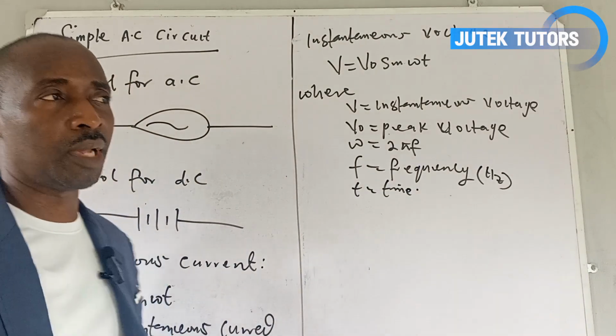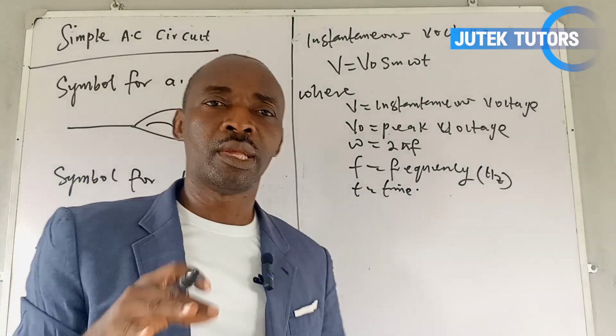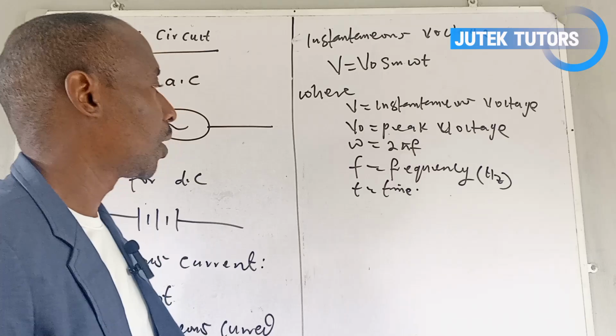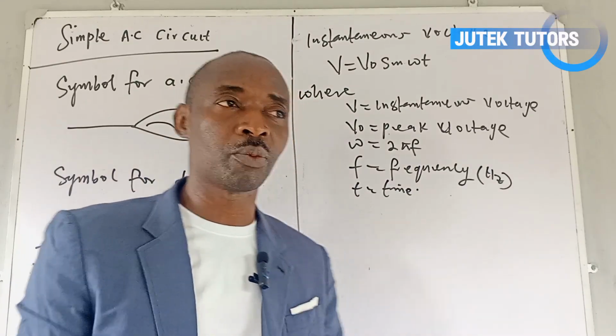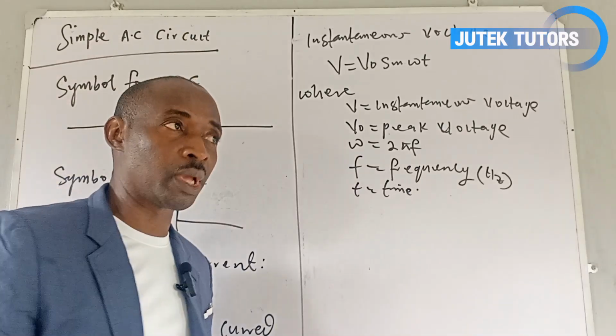So let's look at how the instantaneous voltage or the peak voltage is related with what we call the root mean square voltage or the root mean square current.